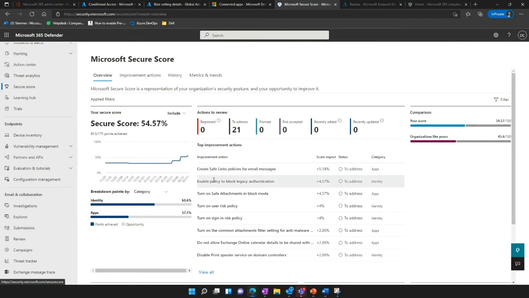Safe Attachments works exactly the same. It detonates the attachment in a sandbox environment before it makes it available to where you've shared that with. And all these things take seconds to run through.